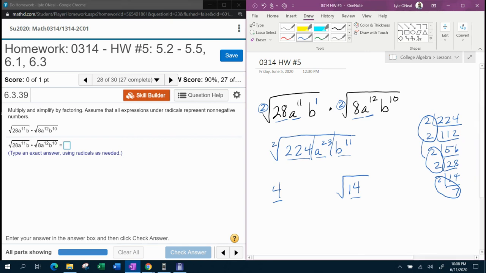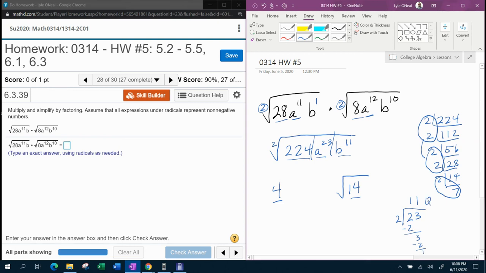For the variables, we're going to do division old school, like we did back in 4th grade. So for a to the 23rd, we're going to do 23 divided by 2. Again, why am I dividing by 2? It's because the index is 2. So 2 goes into 2 one time, and those cancel, bring down the 3. 2 goes into 3 one time with the remainder of 1.